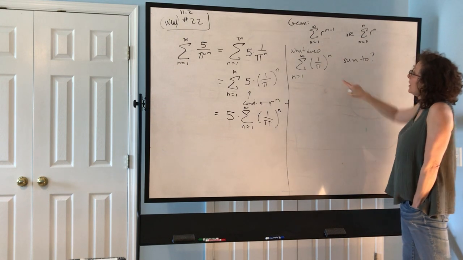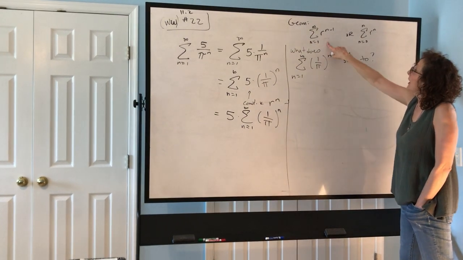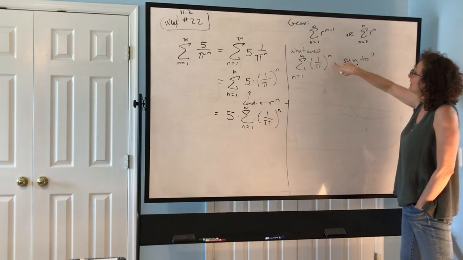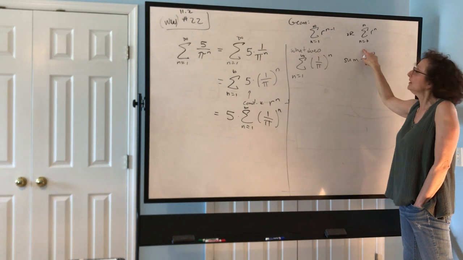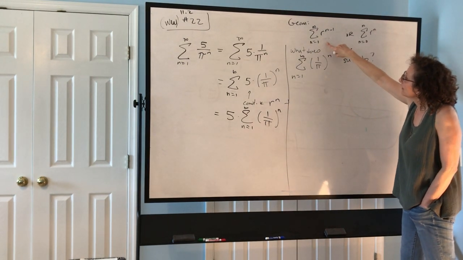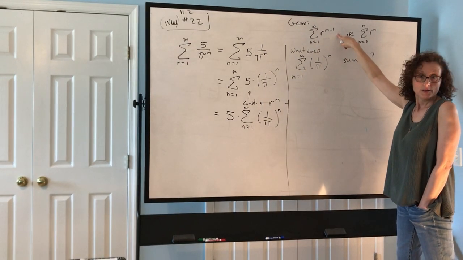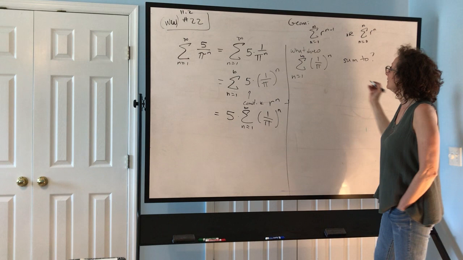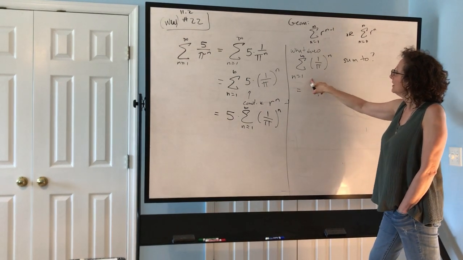Okay, so now notice, this is not in exactly this form, right? It's a r to the n. It starts counting at 1, not at 0, right? And this guy starts counting at 1, but it's an r to the n minus 1. So what do you have to do? Let's make sure we understand what this is saying. What is this series?